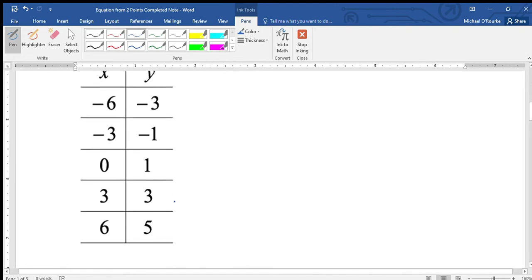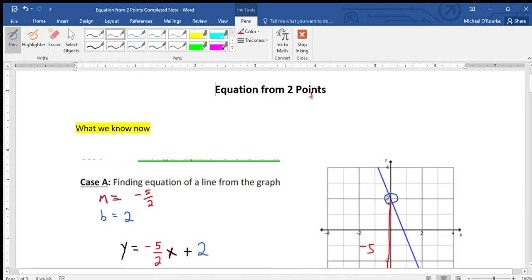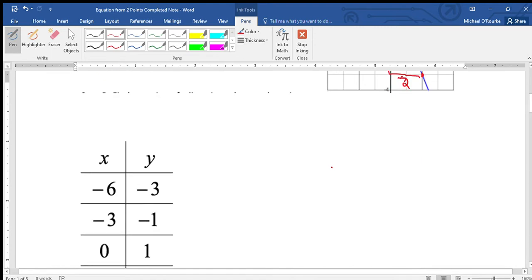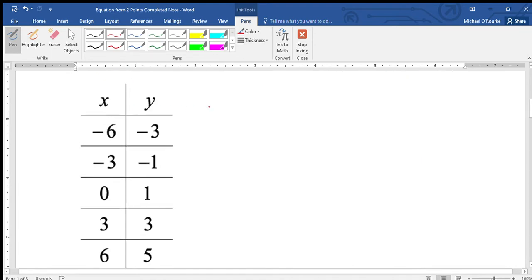The other way we've learned is by using a table of values. So we have our m. Once again, we have our b, and then we go from there. Now our b is when x is 0, we know our y-intercept is 1.